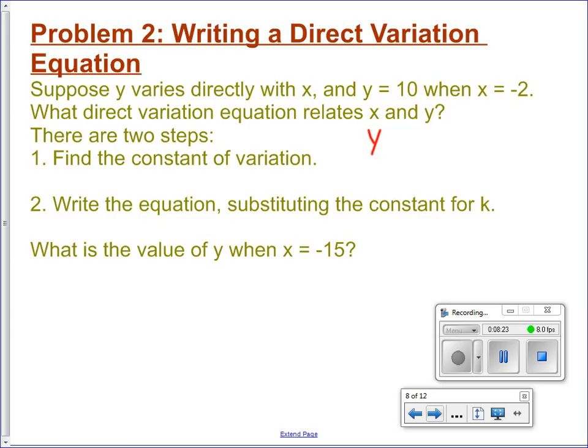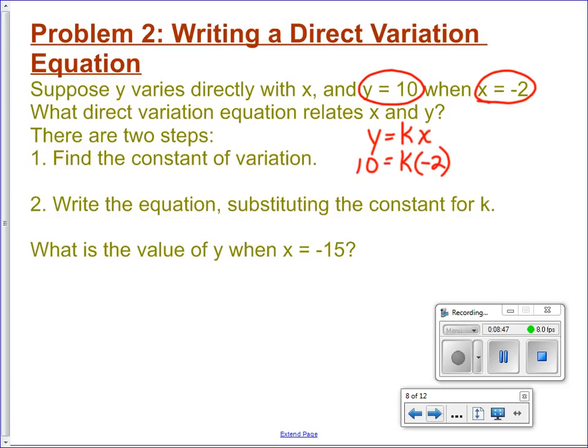So we're going to begin with our little formula, y equals kx, and we're going to use the information we know. We know that y is 10 when x is negative 2. So our first goal is to find the constant, k.